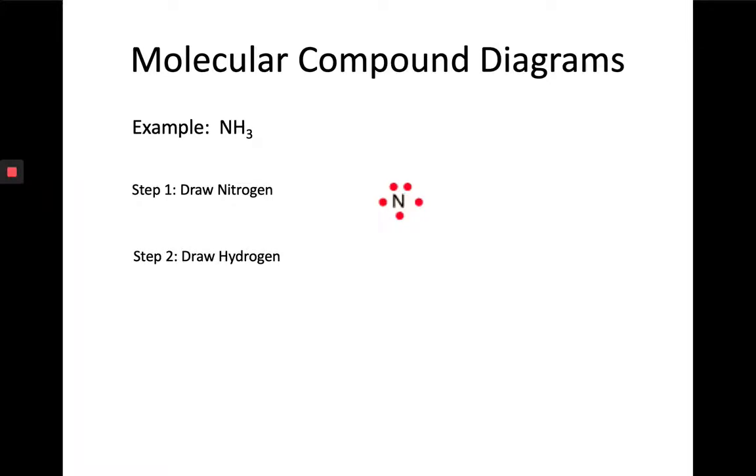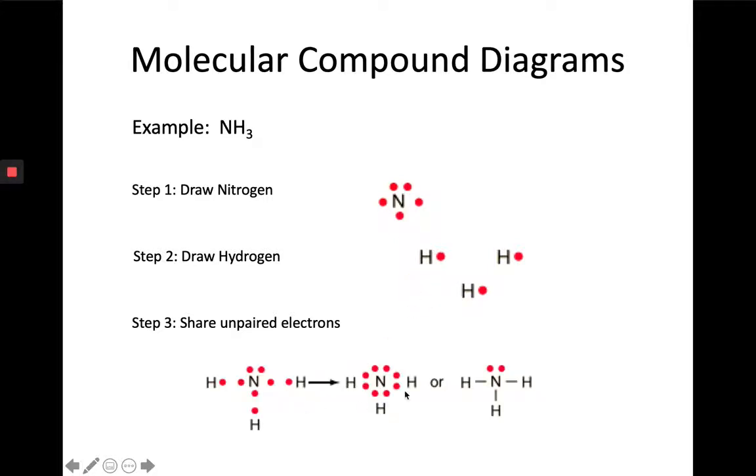We can see that we need 3 of them, and they each only have 1 electron in their valence shell. We can then pair up our single electrons in our nitrogen with our single electron in our hydrogens, sharing those unpaired electrons, and we get here our ammonia Lewis diagram, remembering that our shared electrons are shown as these bars here.